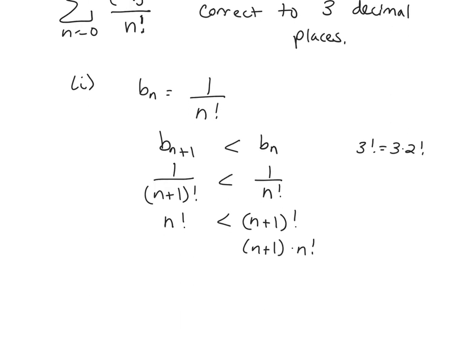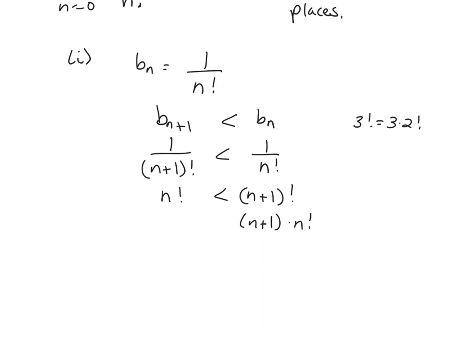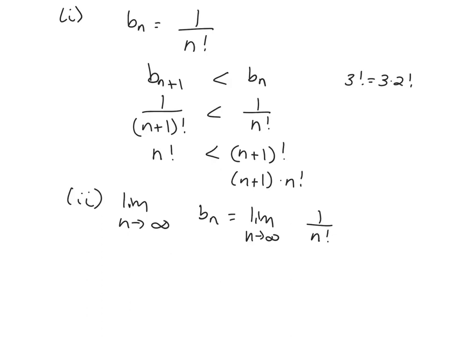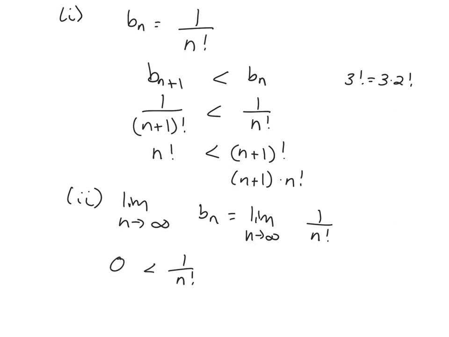So now I need to take the limit and show that it's 0. Limits are hard when you have factorials, so you usually cannot compute them directly, so you use the squeeze theorem instead. 1 over n factorial. Well, that's always positive, so it's bigger than 0.